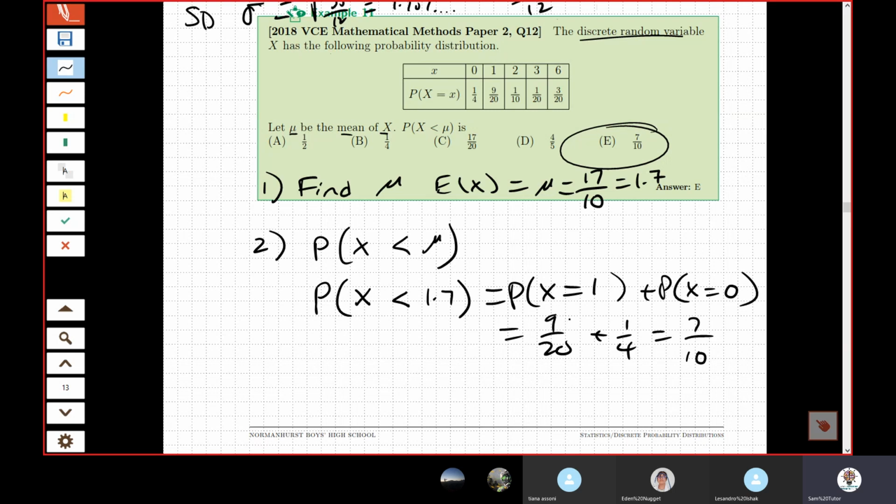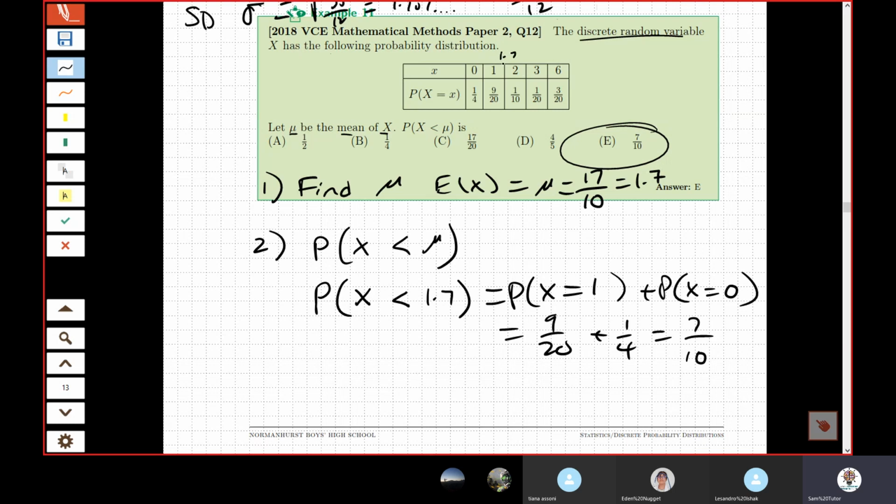What do you reckon? All good? How did you get x equals 1 and x equals 0? Oh, it's got to be less than 1.7. Where is x less than 1.7? So the way we're reading this is, find the probability such that your random variable, your x, must be less than 1.7.